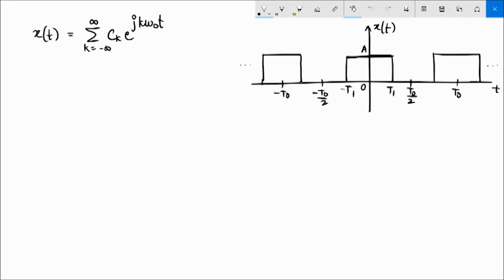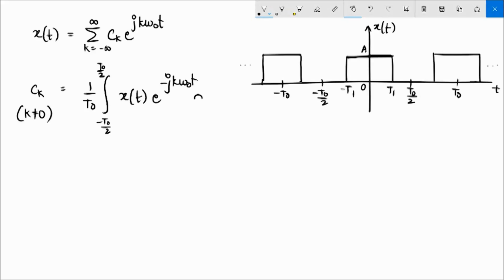This is the value of the 0th coefficient. Now finding ck for k not equal to 0. That ck is 1 upon t0 integration from minus t0 by 2 to plus t0 by 2 xt e to the power minus j k omega naught t dt.